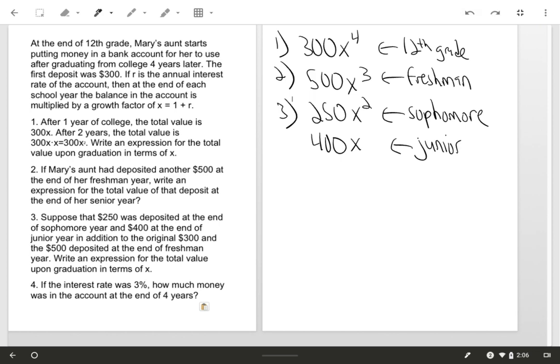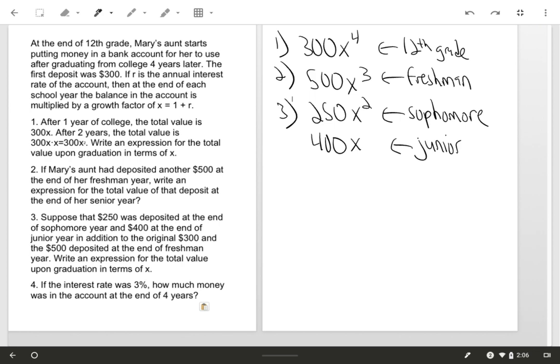So just 400x. So she makes 4 deposits total. The $300 deposit collects interest for 4 years. The $500 deposit collects interest for 3 years. The $250 deposit collects interest for 2 years. And the $400 deposit only collects interest for a year.